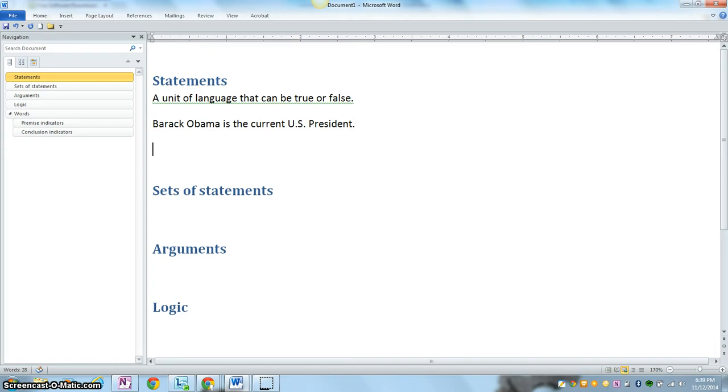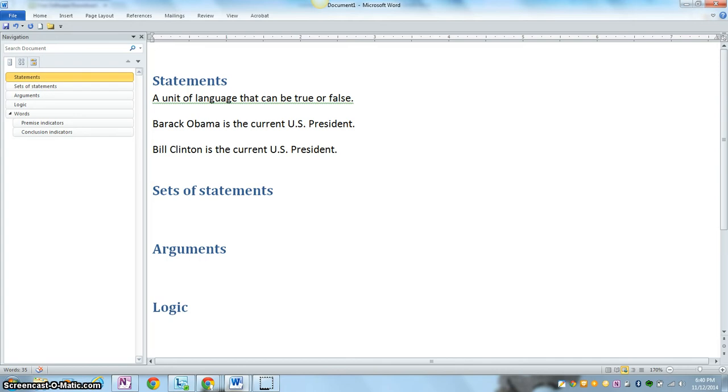This is also a statement. It's a false statement, but it's still a statement in the sense defined, a unit of language that can be true or false. In this case, it is false.